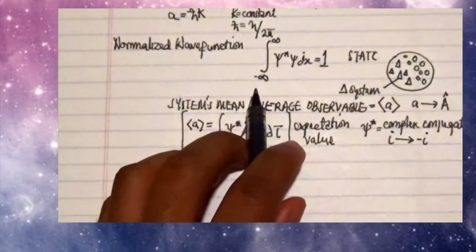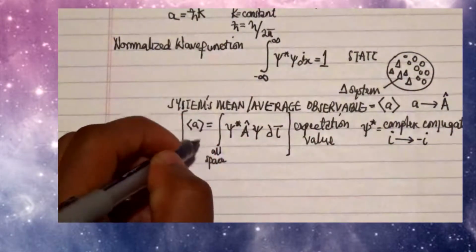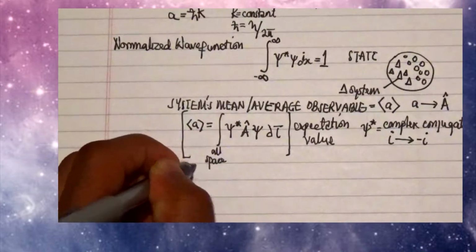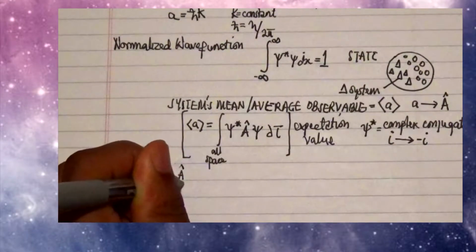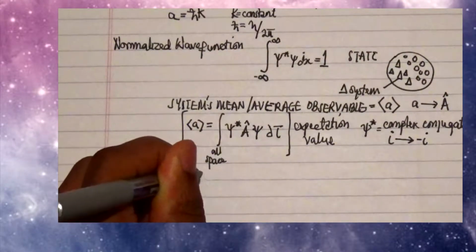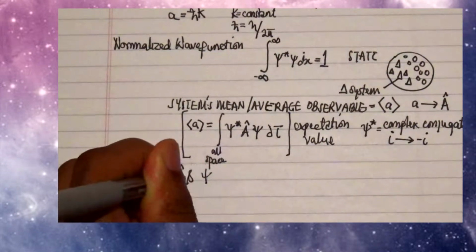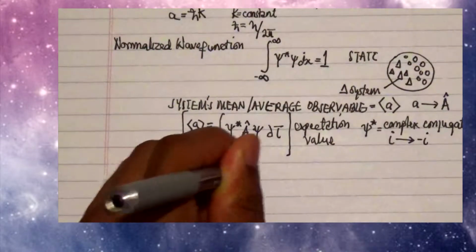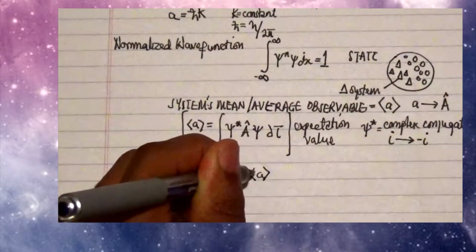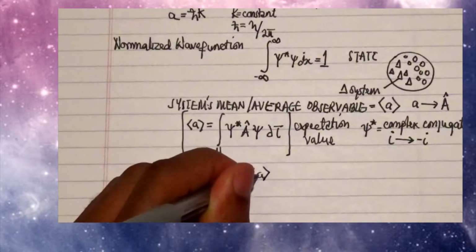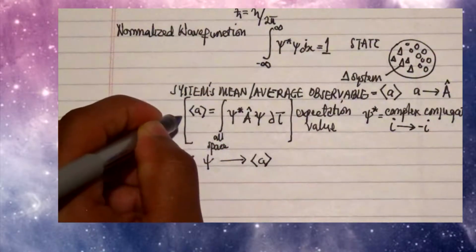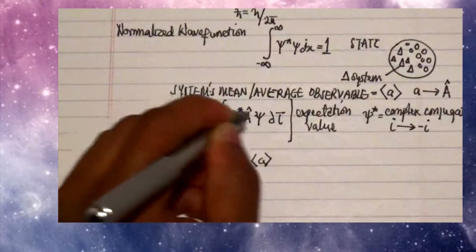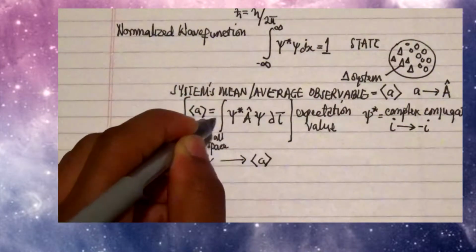So moving ahead, take note that the combination of both our A, which is our operator, and our psi is really important for us to be able to determine our mean or average observable, which is A.